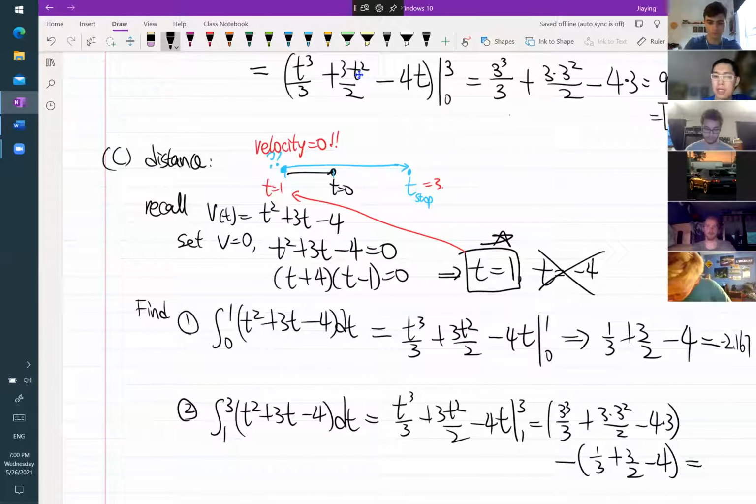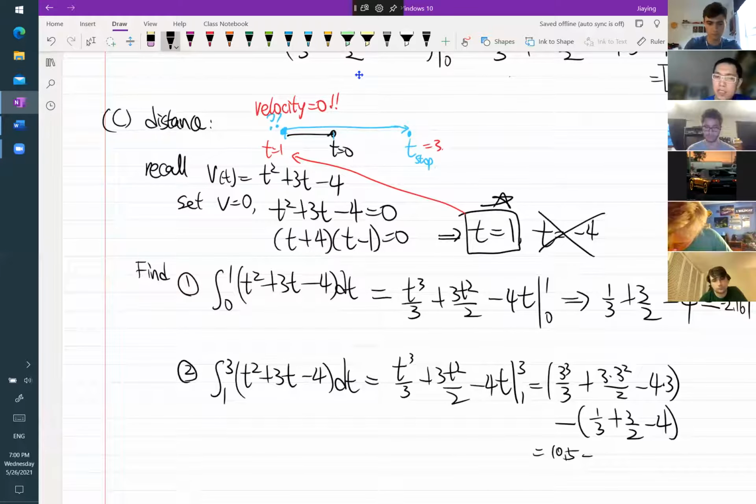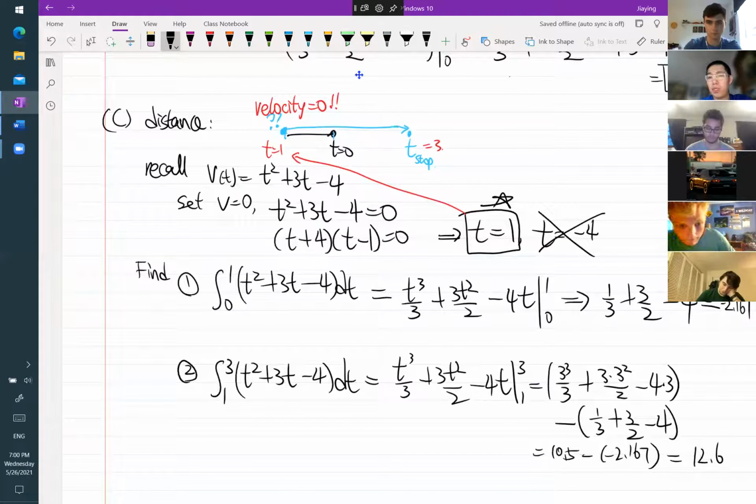And this number gives me 10.5 minus a negative, so that's equal to 10.5 minus a negative 2.167. And that's actually 12.667.